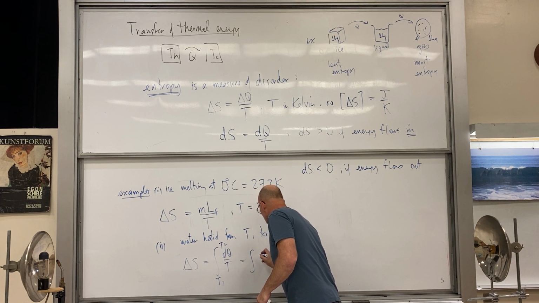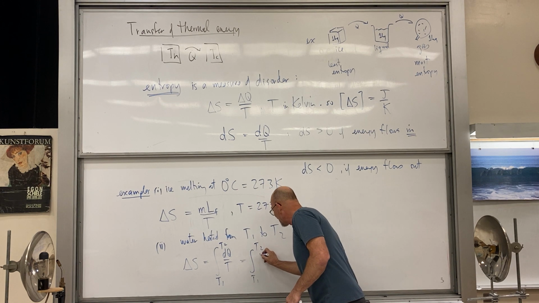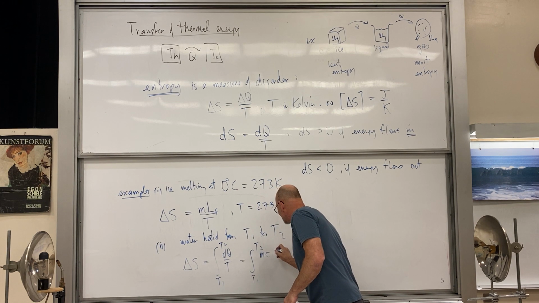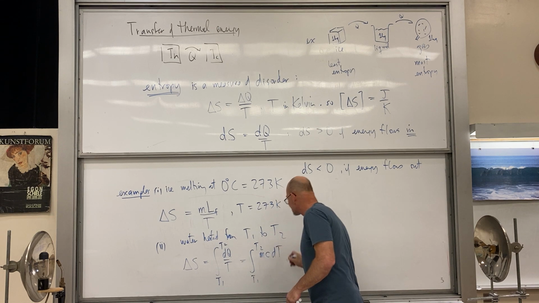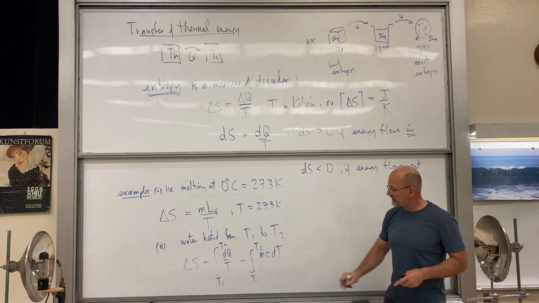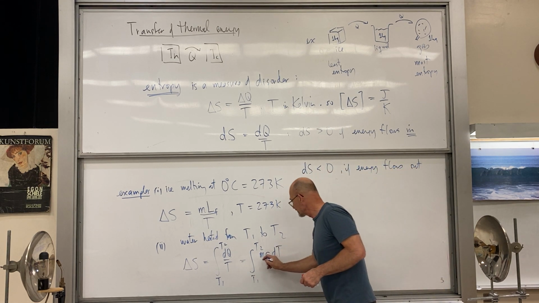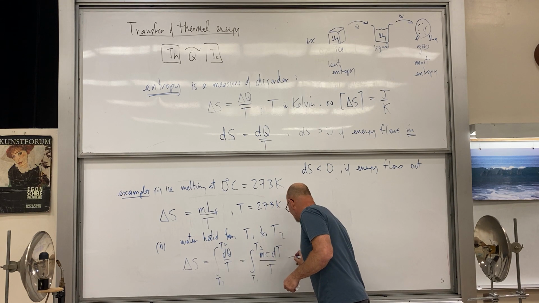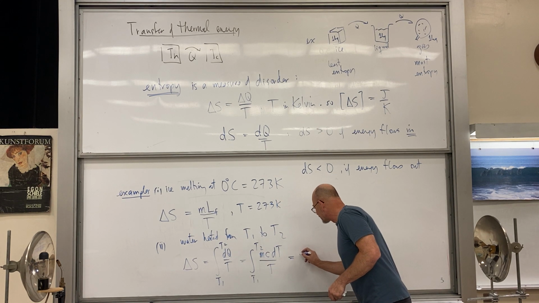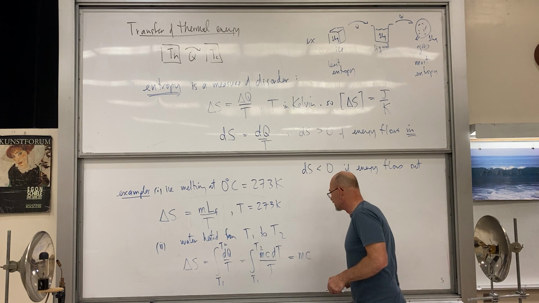We're going to have the integral from T1 to T2 of mc dT, that's our mc delta T, with specific heat, divided by T. And in this case, we've got the mass of water, specific heat of water.